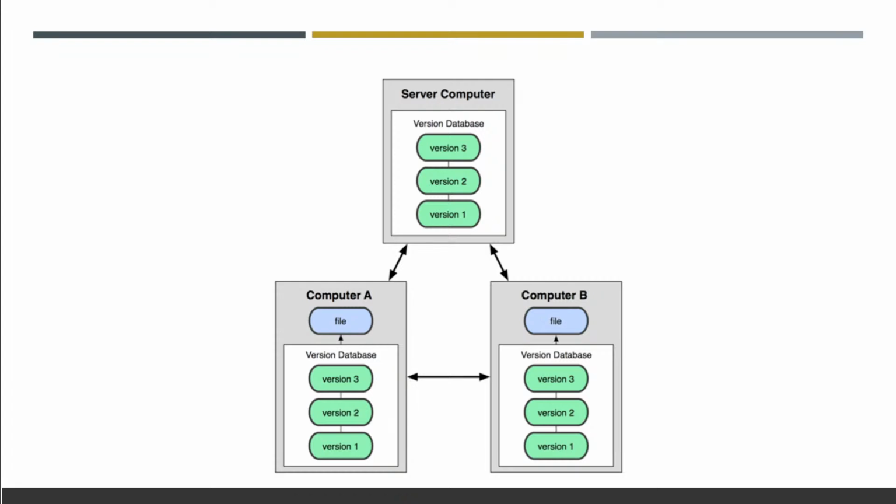And so these version databases, whenever I'm doing pulls, they all communicate with one another. You again get your own copy of the most up-to-date database. You're able to work with it. You're able to do what you need to do. So let's look at a little bit of a basic Git workflow here.